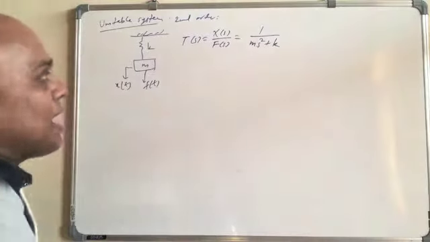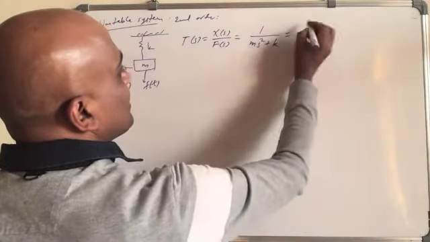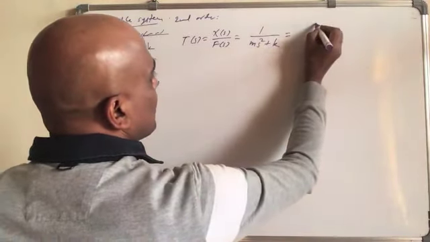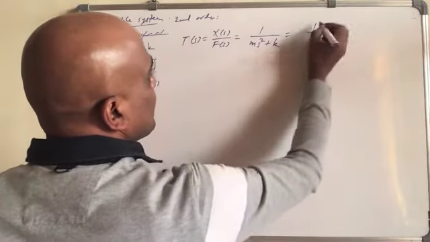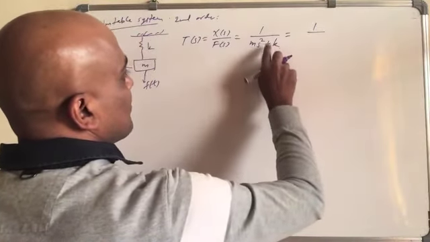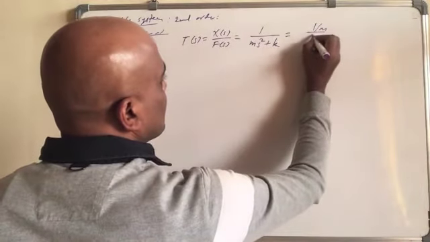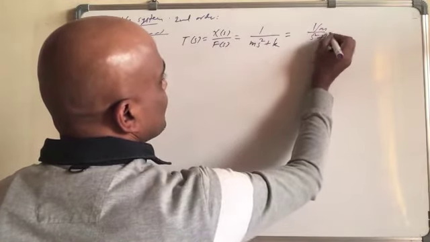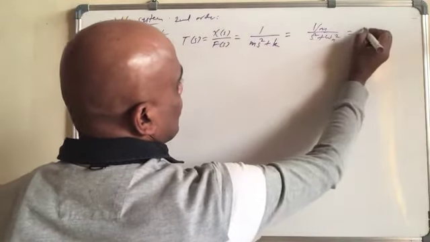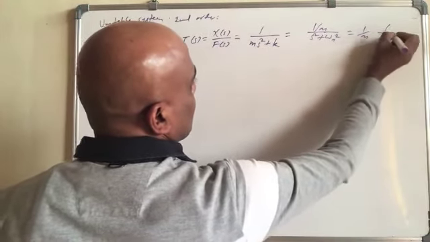Then divided by m, you get 1 over m here, and then s squared plus omega n squared, equal to 1 over m, 1.